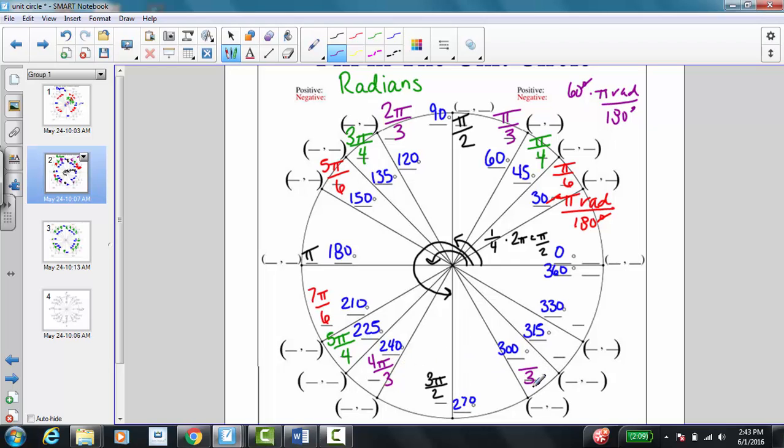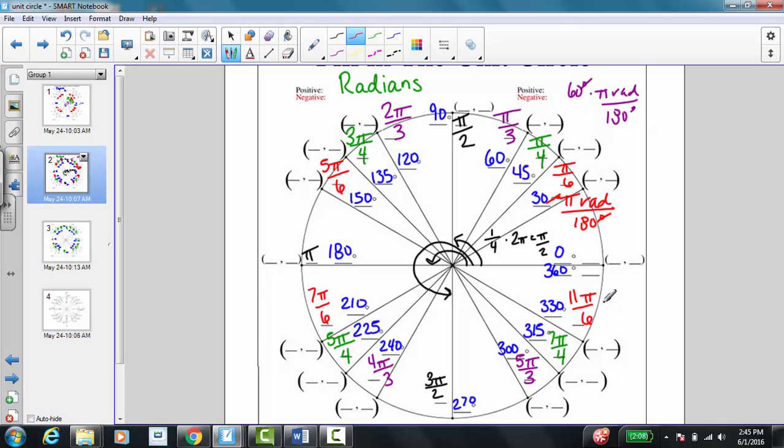My little trick for the fourth quadrant is to multiply the denominator by 2, which in this case would give me 6, and then subtract 1. So for 300 degrees, I get 5 pi over 3. For 315 degrees, I get 7 pi over 4. And for 330 degrees, I get 11 pi over 6.